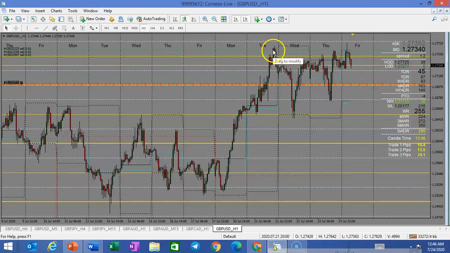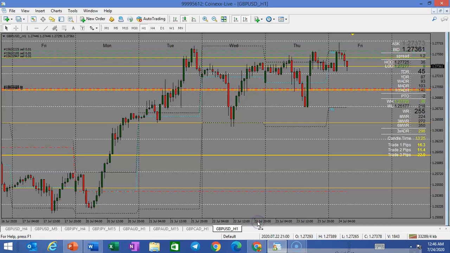Why? Because we have not closed above the highest high of the week, which was Tuesday. Okay, so hopefully that is clear. And that is what our previous high low tracer, that is why that indicator is so significant, because it just helps us eyeball where we're at.